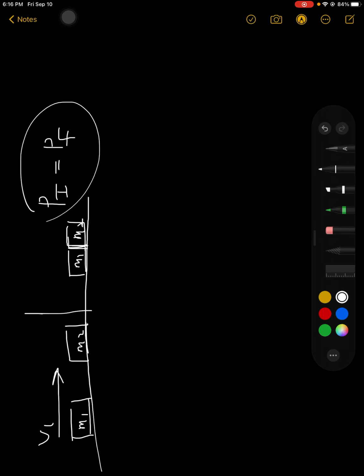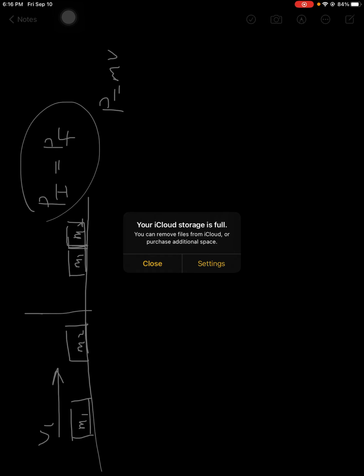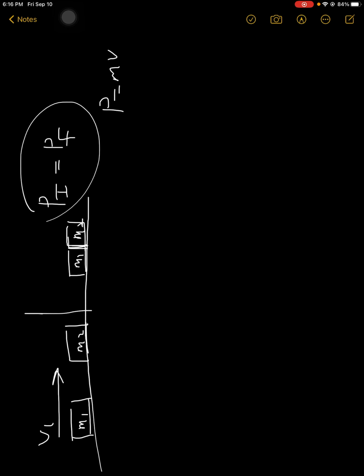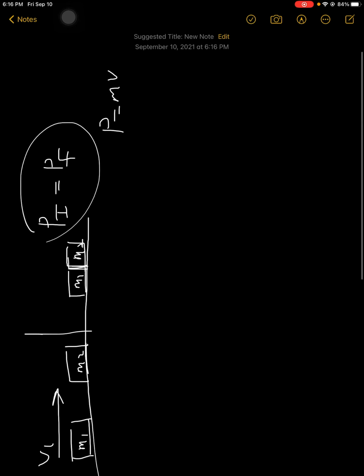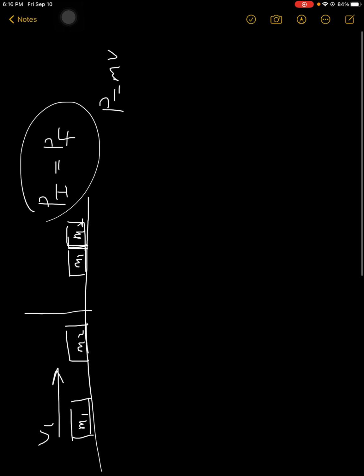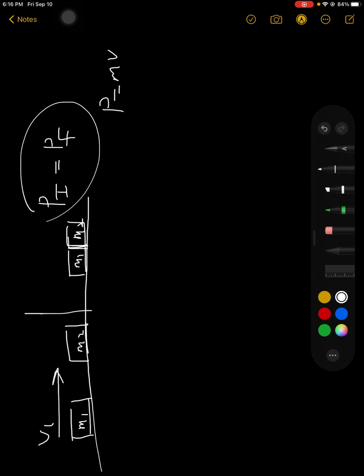Now let's focus on this formula. As you know, momentum equals m times v. So we need to calculate the momentum before the collision: m1 times v1 plus m2 times v2.